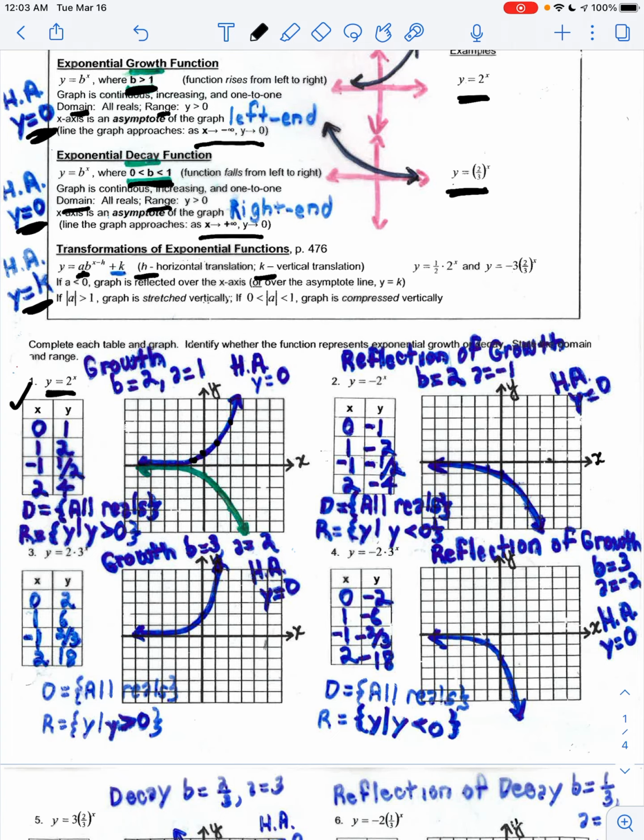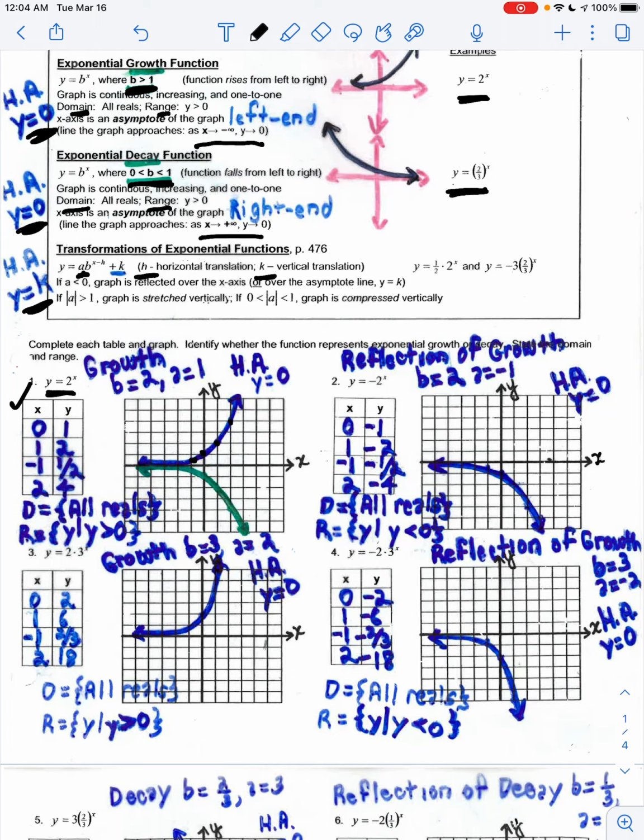And that's what I drew through to get my graph. The domain, all reals, the range, y greater than 0. I knew before I graphed it was an exponential growth graph because the base was 2, and that is bigger than 1. And a is 1. That's just implied, and the horizontal asymptote is y equals 0.